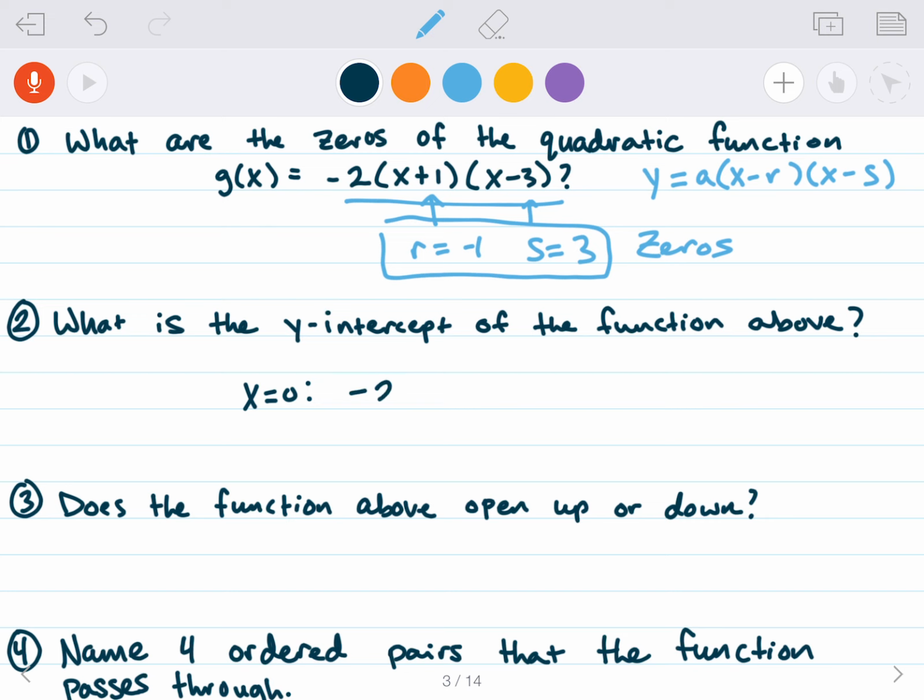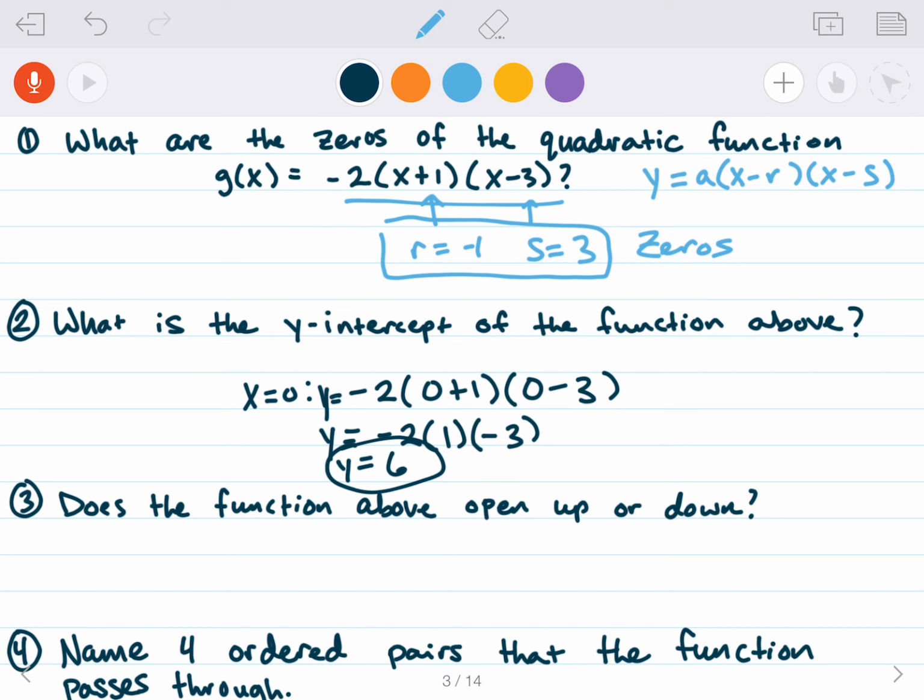So if we plug in x equals 0 into our function, we get 0 plus 1, 0 minus 3, and then we just evaluate this. We get negative 2 times 1 times negative 3, and that indeed is going to give us 6. So that is our y-intercept as confirmed with Desmos.